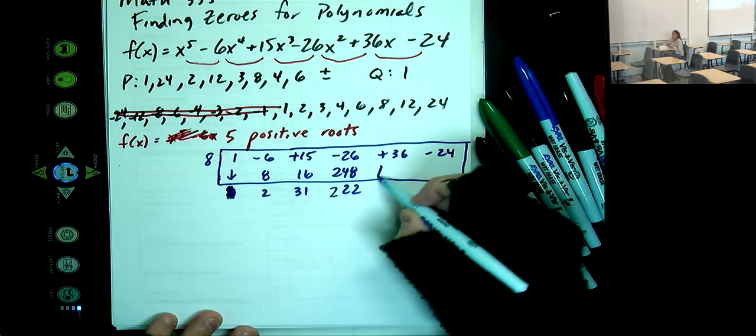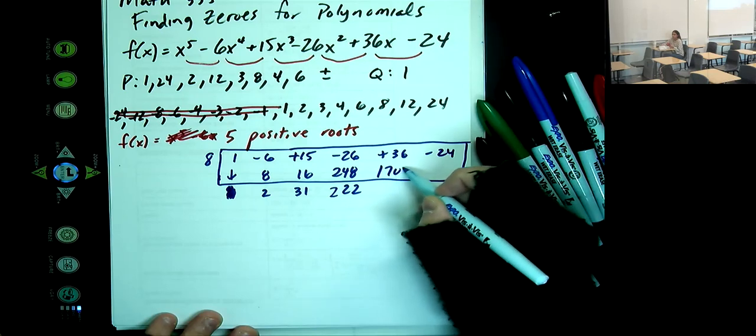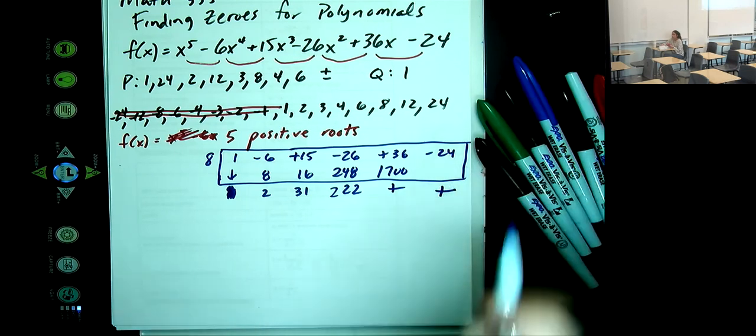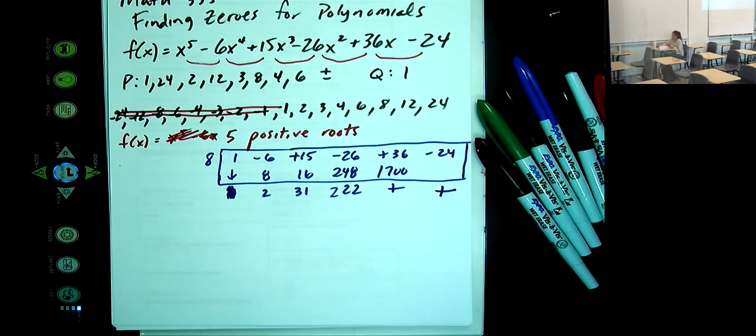This is going to be like 17 something. This is a big number, and then this is going to be a big number. So we're definitely not getting it. 8 doesn't do it. But what does 8 tell us?